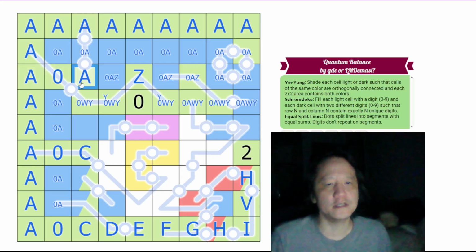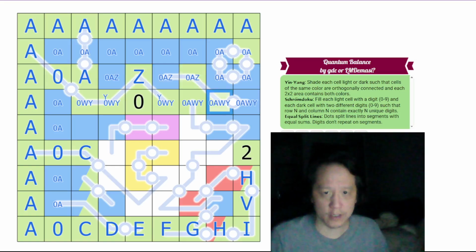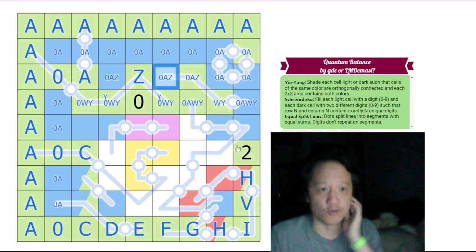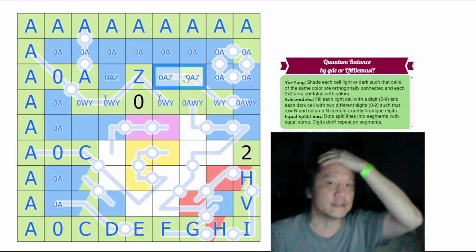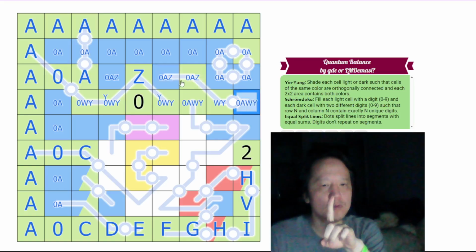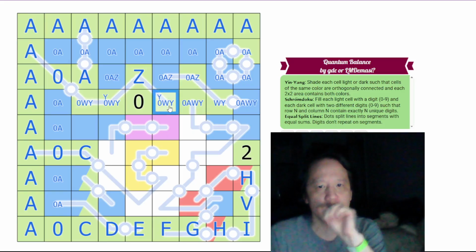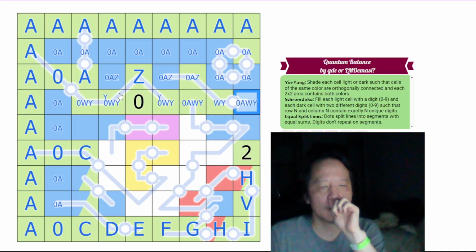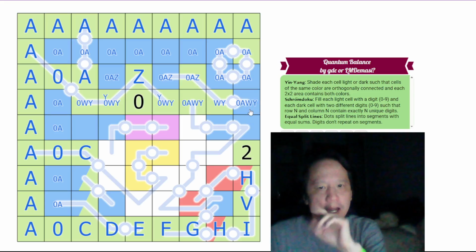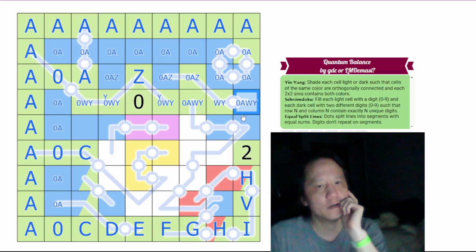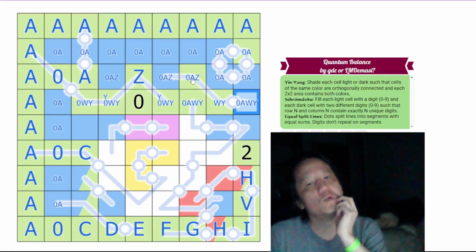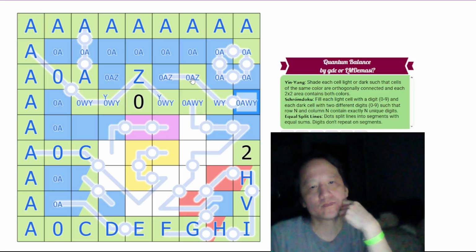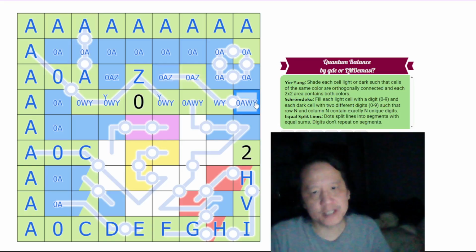We know A is equal to W plus Y plus Z. A has to be one of these 3 digits, so this can't be 0 or A, because again, you can't have repeats, so this must be some combination of 3 digits of 0, A, and Z. So if A is not here, we know Y plus Z plus W equals A. And this is only W and Y at most if this is not A. So therefore, we know this is guaranteed to have an A. So this has to have an A here.